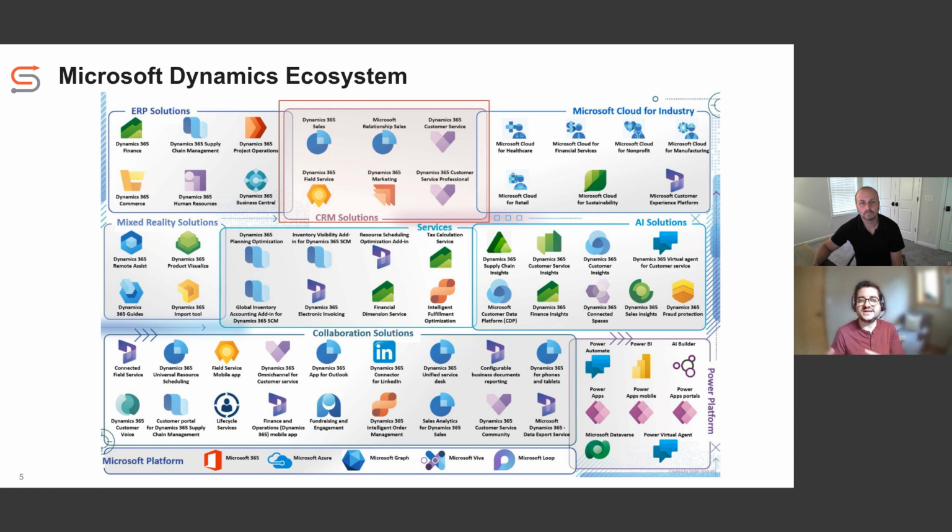So the point is they have a business solution for everything, and the power of it is Microsoft has done a really good job of tying these things together, right? So much so that you can see some of the tools that fall into the CRM solution also fall into the services bucket, which also fall into the collaboration bucket, right? If we're talking about sales, we're talking about tying in LinkedIn integration, which Microsoft actually happens to own, to sales.